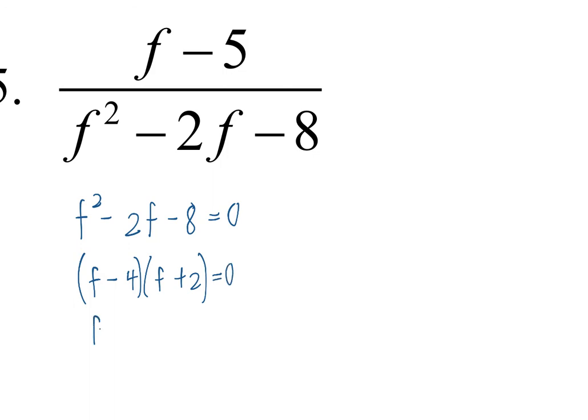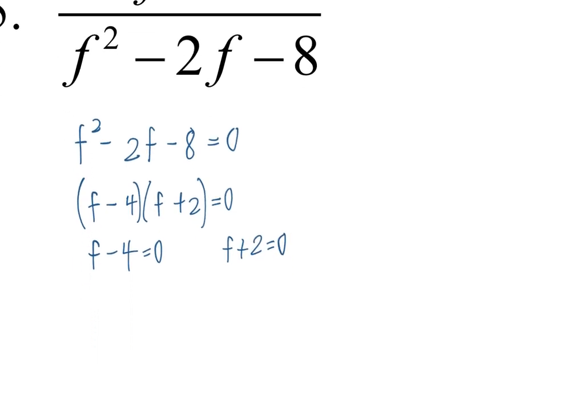If I set those both equal to 0, I get that the restricted values are 4 or -2.